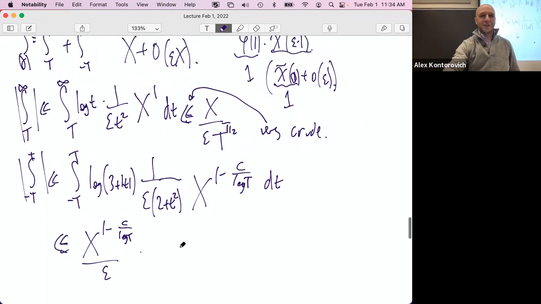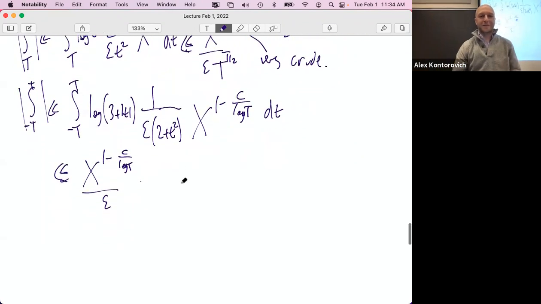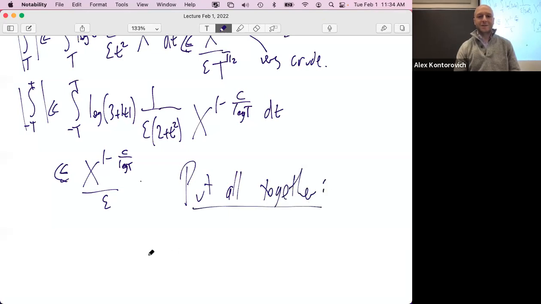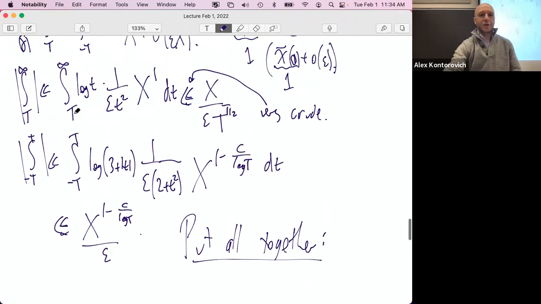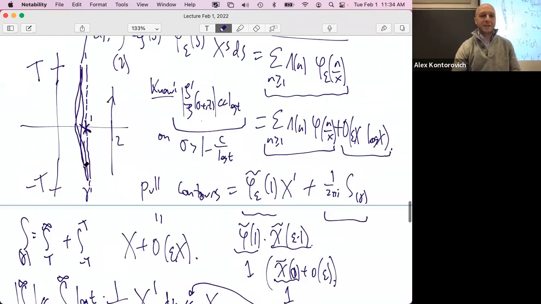Okay, so let's put everything together. A little unclear on what our contour is doing right now. What does our contour look like? This is the region from minus t to t, where the contour is where sigma is equal to 1 minus a constant over log t, little t, as t changes.